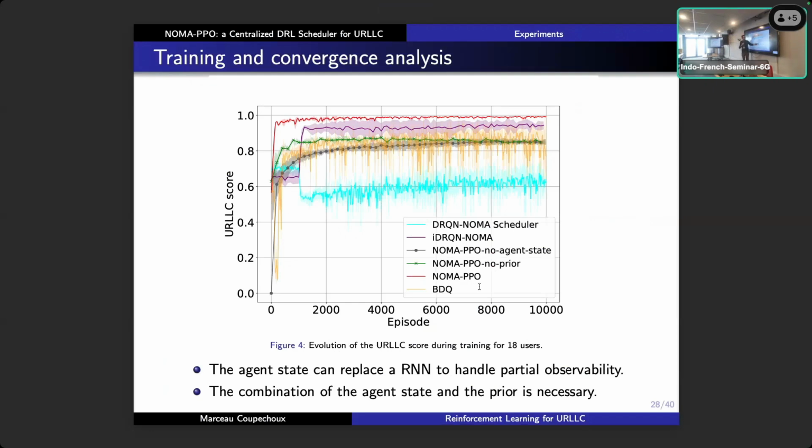We have also BDQ, which is another protocol that uses the branching architecture, but fails to deal with the partial observability. And we have deactivated agent state or prior to see the influence of these features we have added. In our case, we largely beat the benchmarks in terms of convergence rate and objective function.